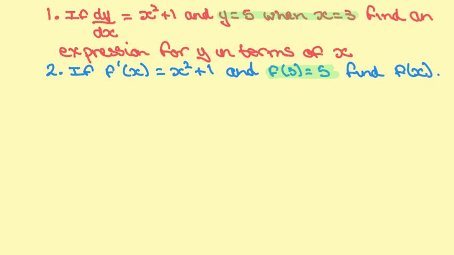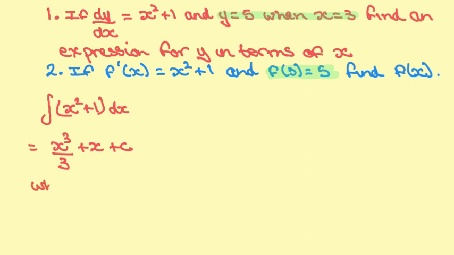So now let's solve the question. We need to integrate x squared plus 1 dx, which is equal to x cubed over 3 plus x plus c. And we're told when x equals 3, y equals 5. That's our boundary condition.